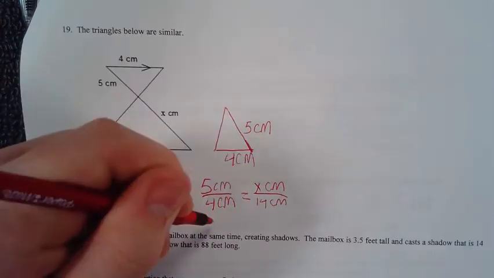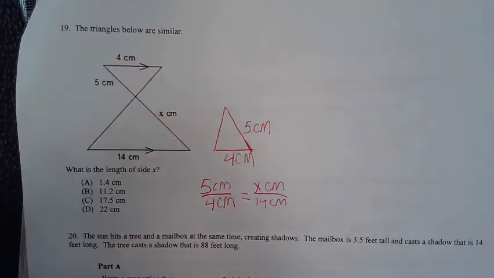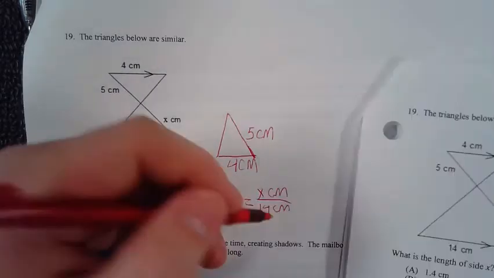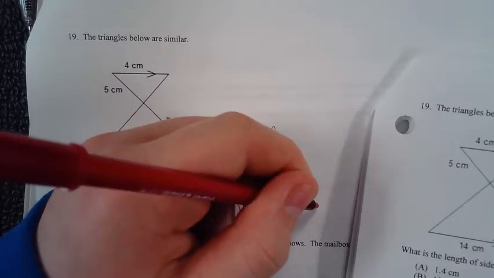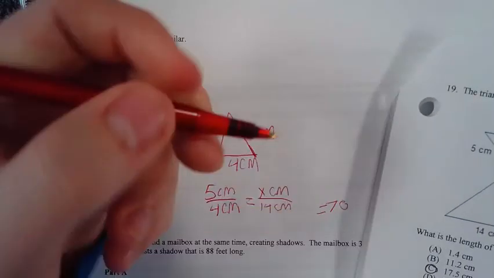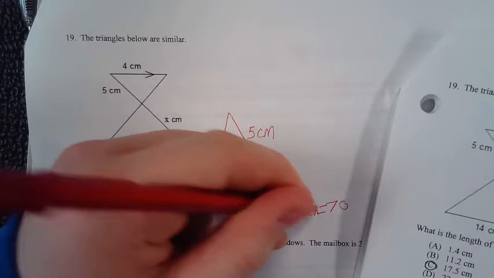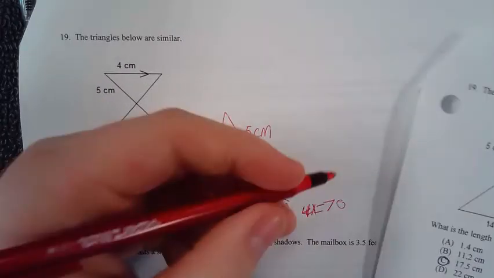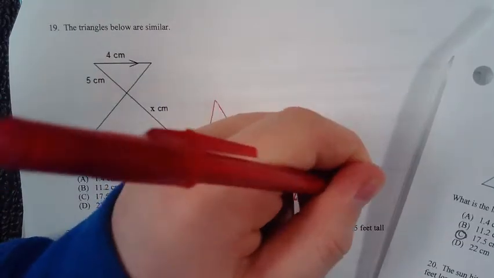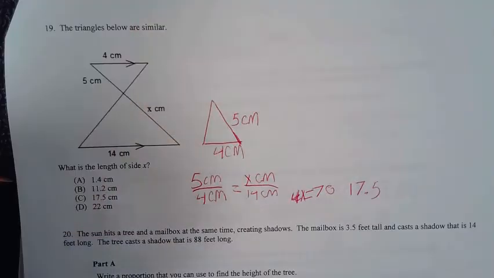Just cross multiply. 5 times 14 is 70. And 4x, because 4 times x. And then 70 divided by 4 is 17.5. So that's the length of X, C.